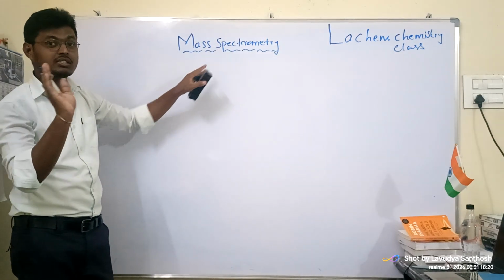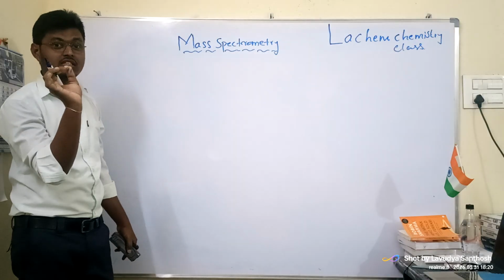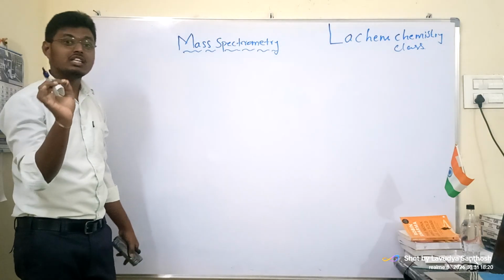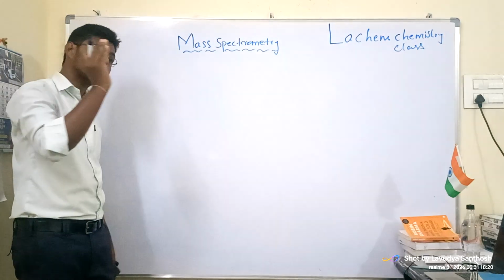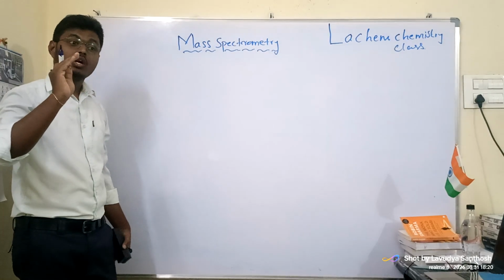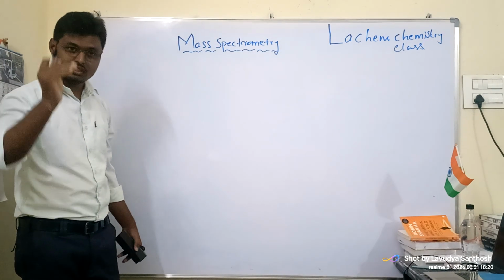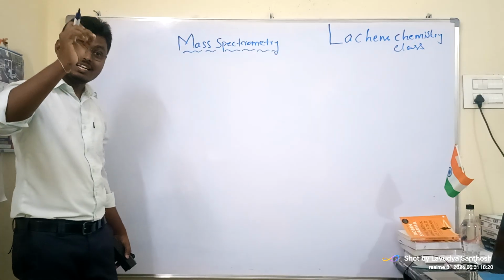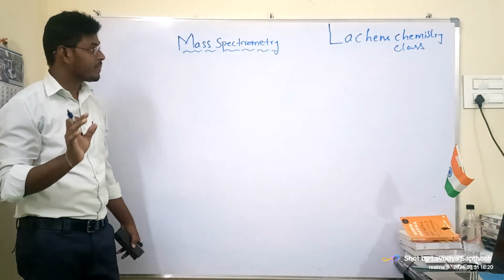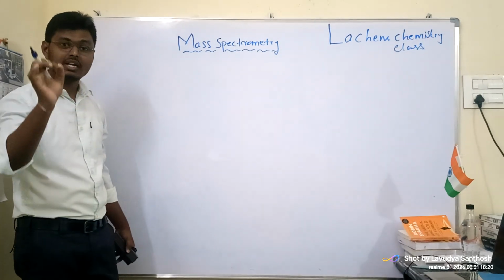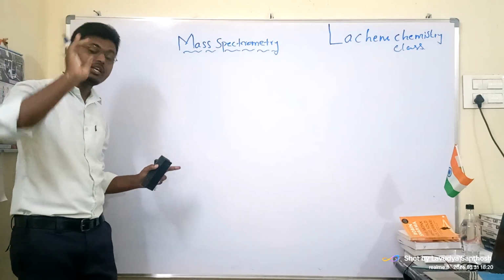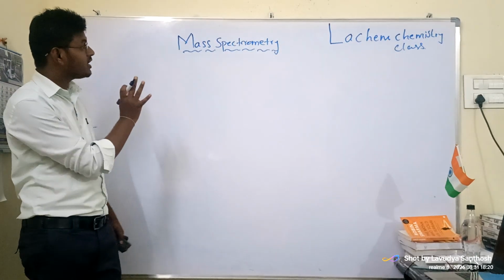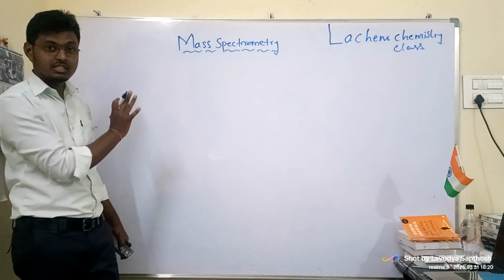Just remember this. There is a lot of distinction between spectroscopy and spectrometry. In both we are going to know about the molecular structure and their internal things, how they are arranged, what the weight is. But that is completely different from this. You will understand this in this class.